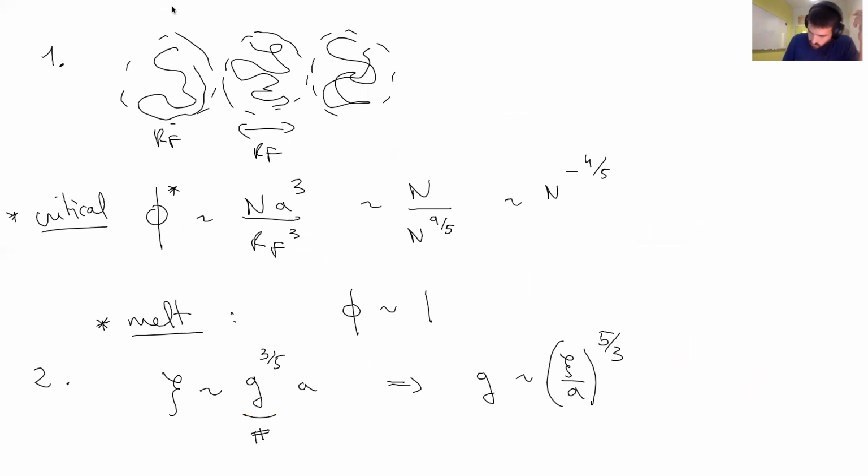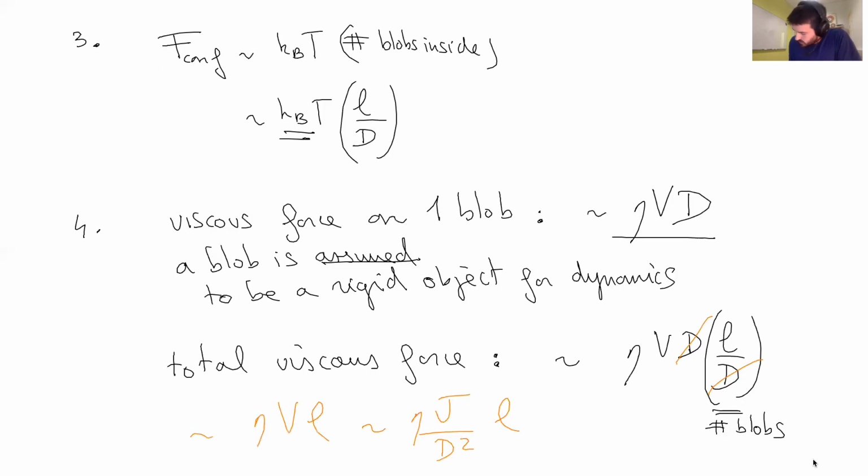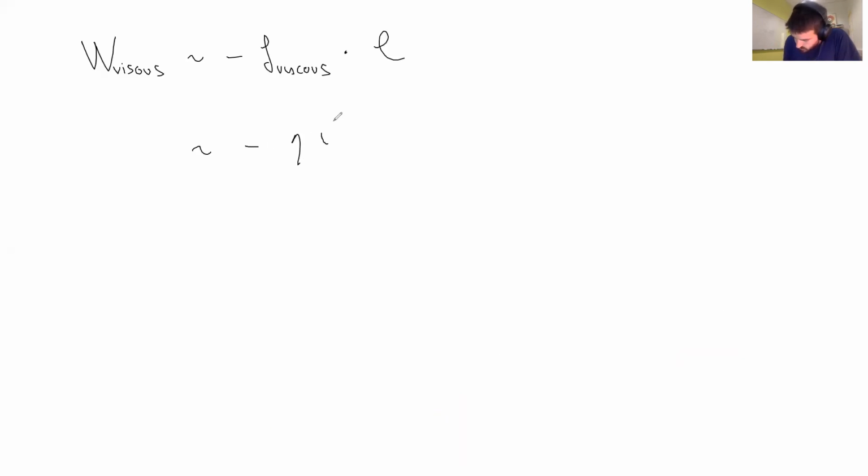And now I can calculate the work associated with this viscous force. The viscous work is minus the viscous force times the length inside the tube. So it's minus what we just found, eta J over D squared L. That's what we find.